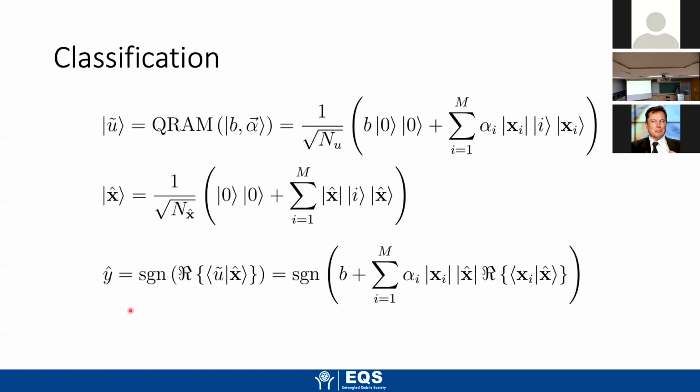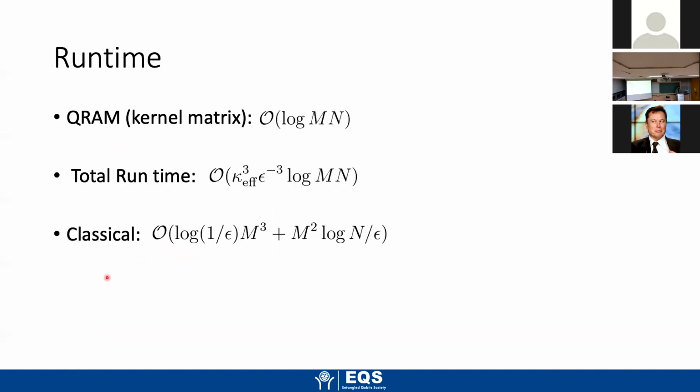So anyway, you can take the inverse solution from the HHL algorithm and its inner product with the amplitude encoded data, and we have the estimated lambda, so we can specify the classifier.